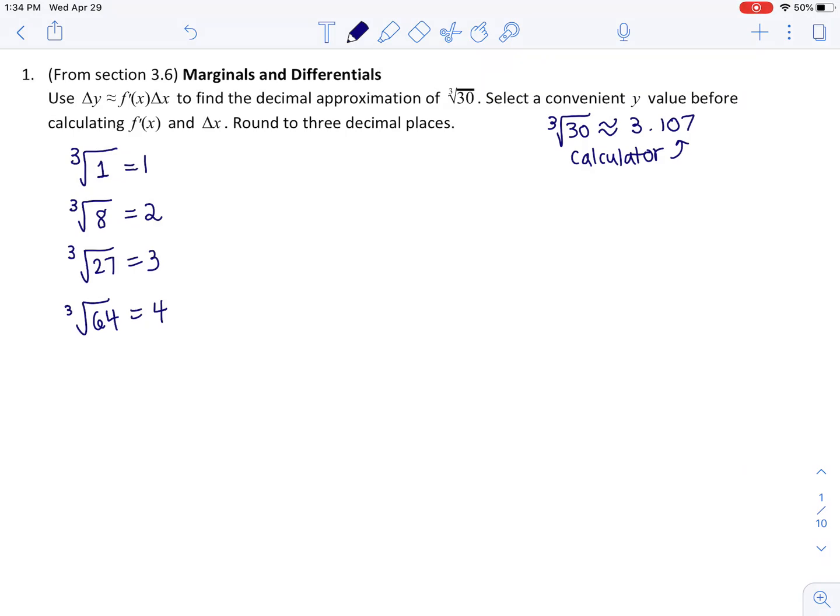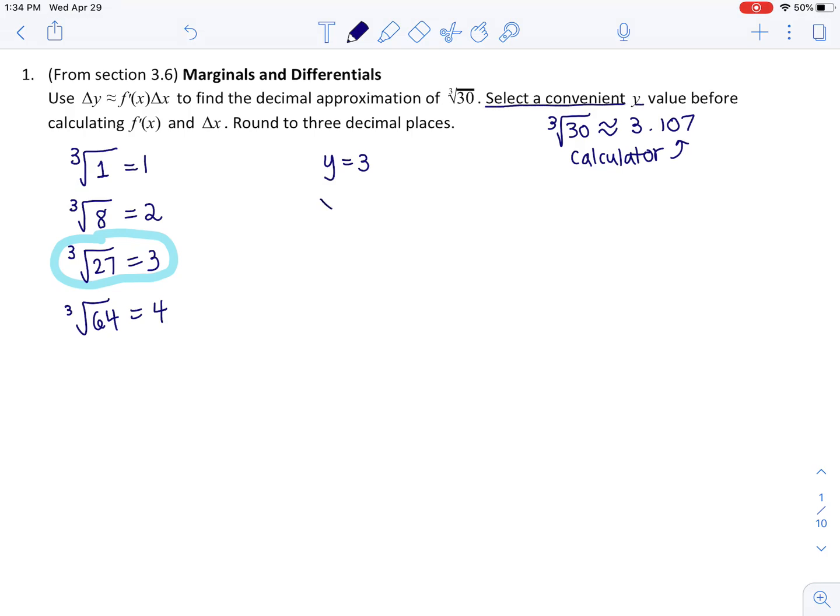Isn't that 4? So you list a couple cube roots, and you're thinking, which one is the closest to the one that I am given? And the closest one is this. I'm going to go with this one. So I'm going to use cube root of 27 equals 3 to approximate cube root of 30 because 27 is pretty close to 30, right?